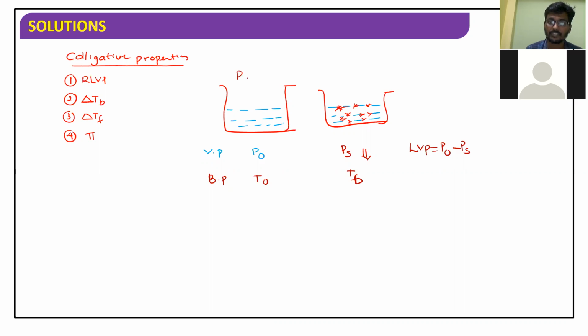This is a pure solution and this is the non-volatile solute containing solution. When we add the non-volatile solute, its number of particles increases. When the number of particles increases, its boiling point also increases. The increase in the boiling point is called the elevation in boiling point. The elevation in boiling point we can represent as TB minus T naught.